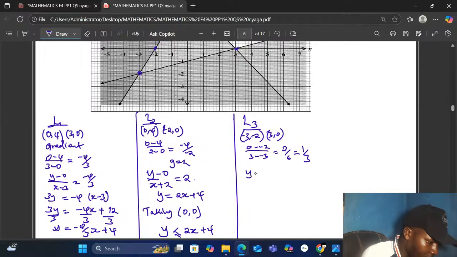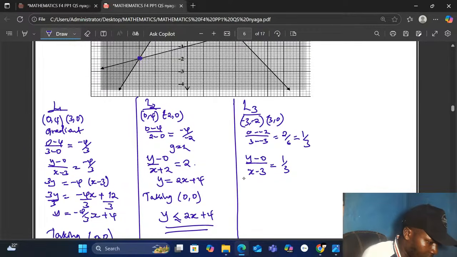We look now for the equation. We simply take one of the points, 3, 0. So y minus 0 over x minus 3 gives us a third. So 3y is equal to x minus 3.